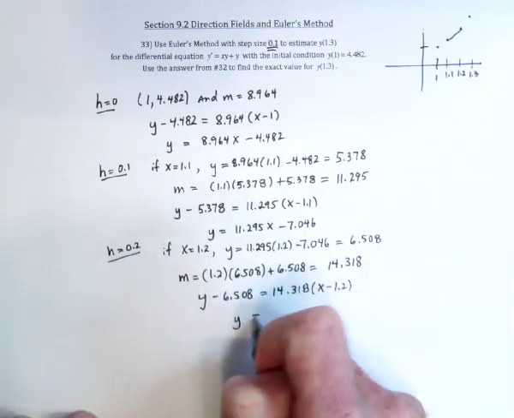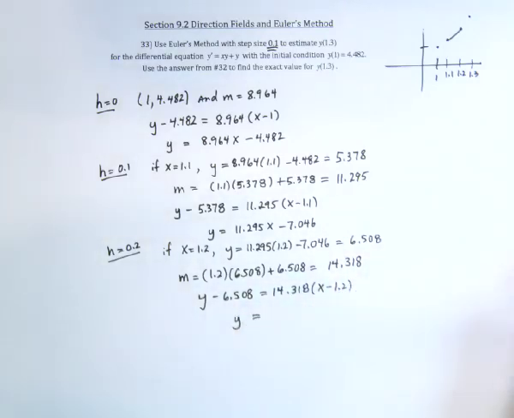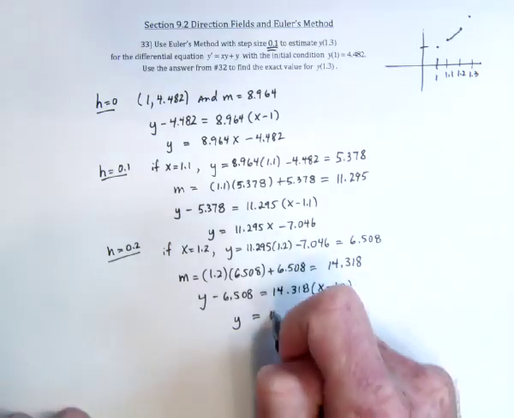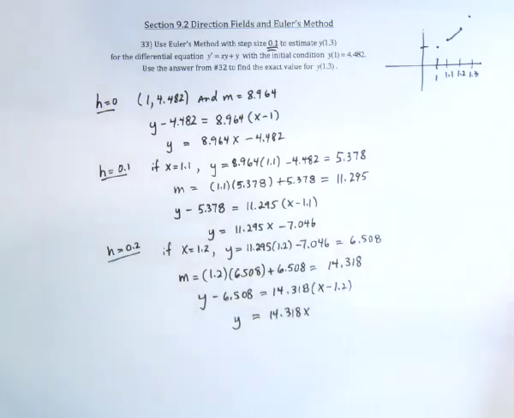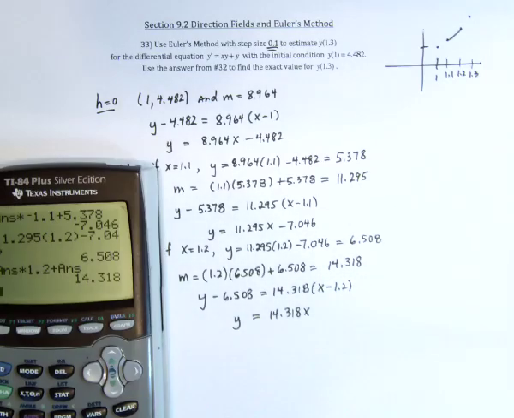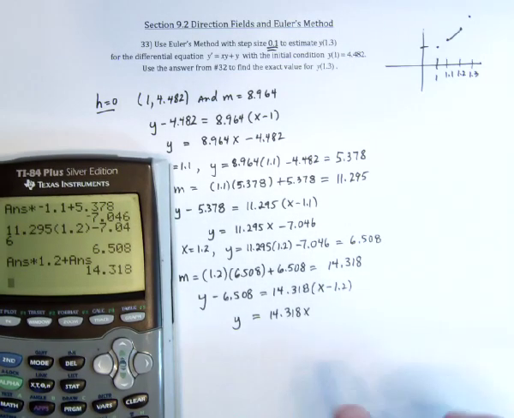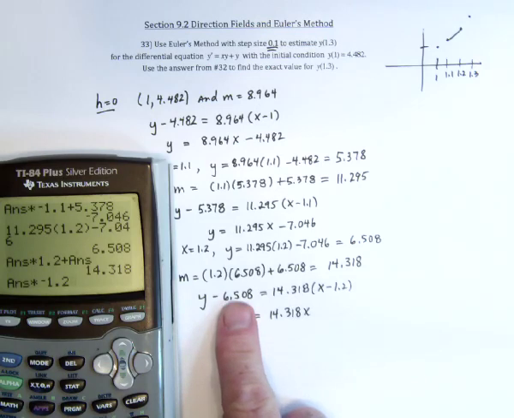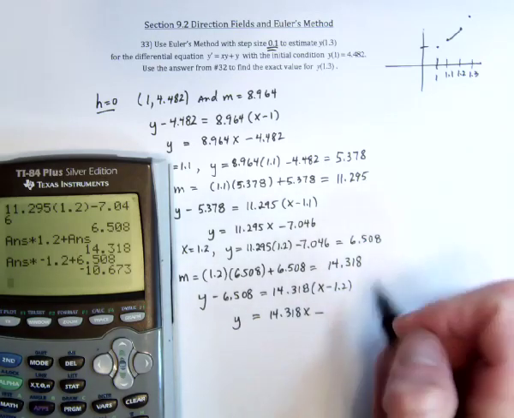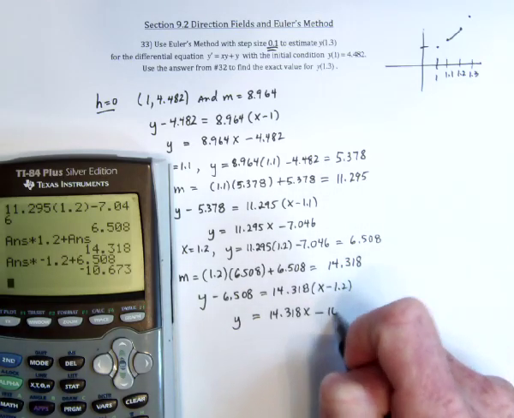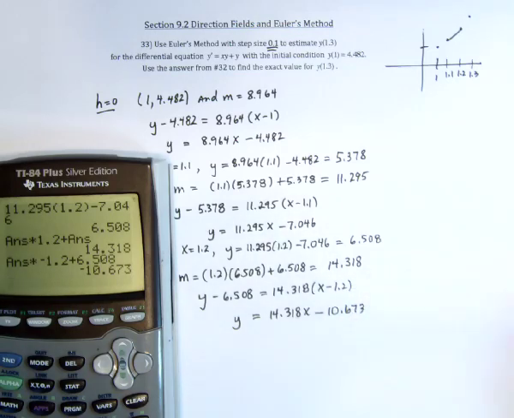And our last line segment to follow is going to be 14.318 times x, and then we need to take that number and multiply by a negative 1.2 and then add this to both sides. So our last line segment has a b value of 10.673.